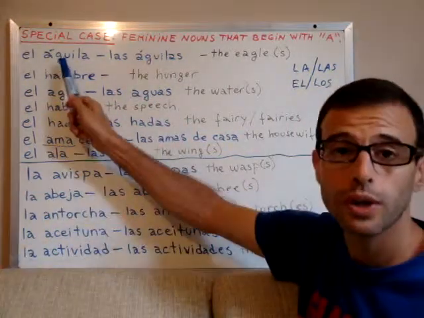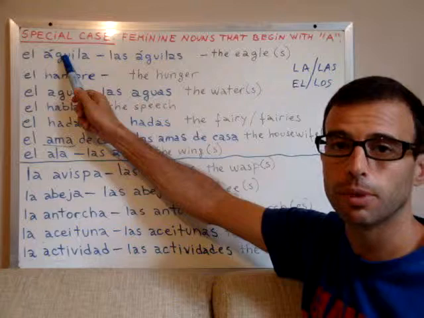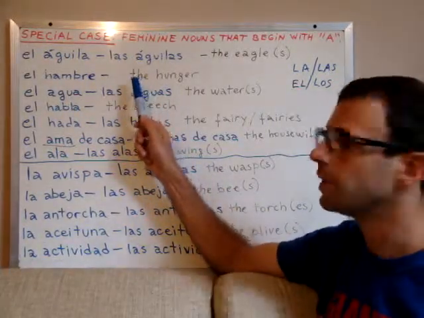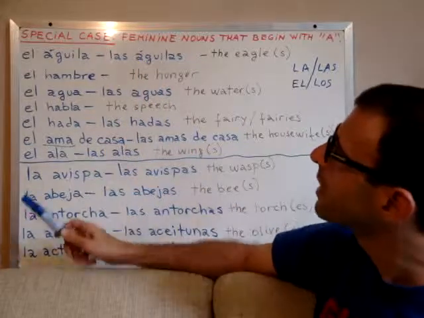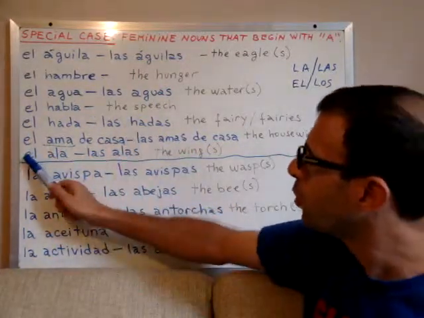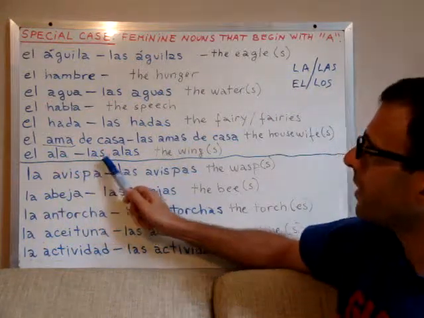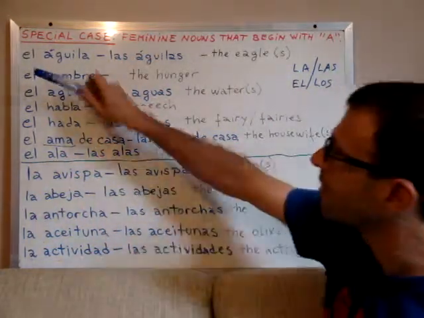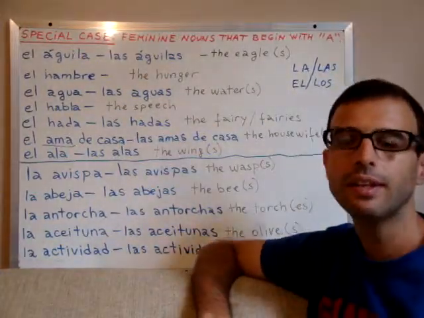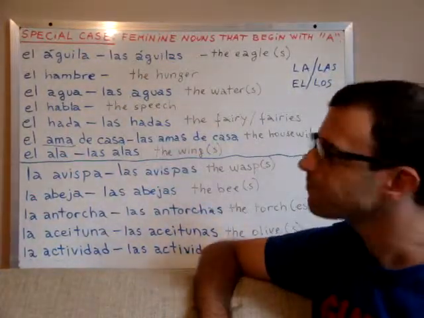You see, un is the masculine indeterminate article and unas is the feminine plural indeterminate article. Un hada, unas hadas. Un ala, unas alas. So this applies for the determined and indeterminate articles.